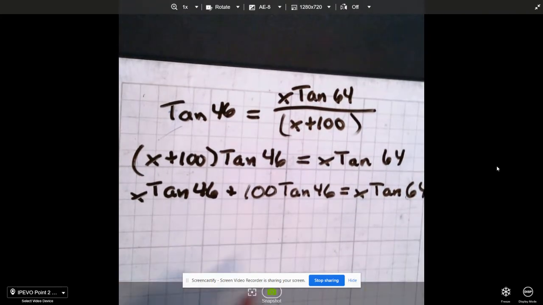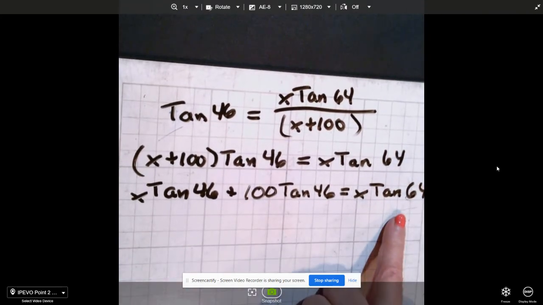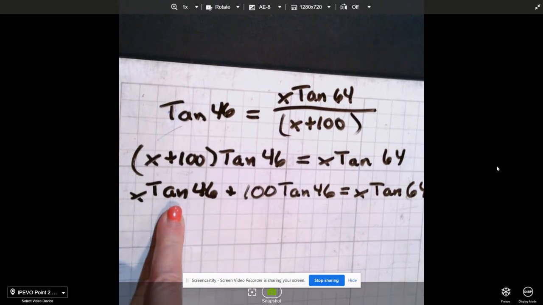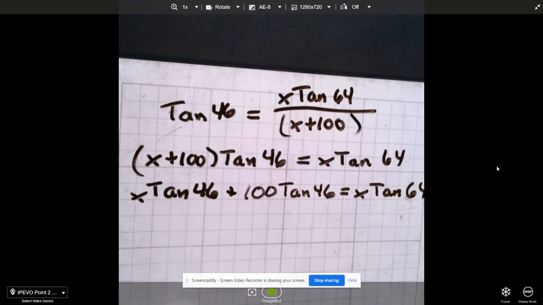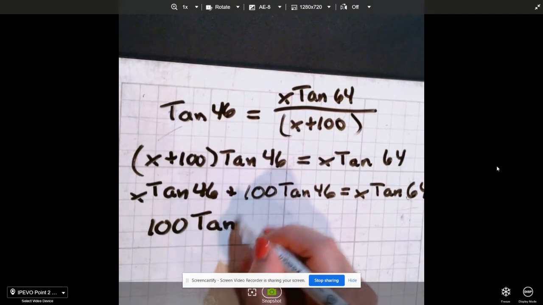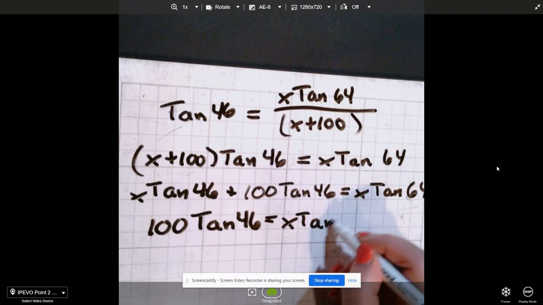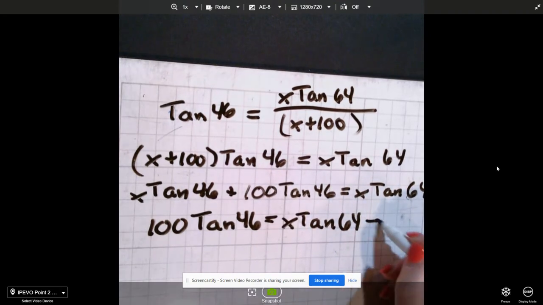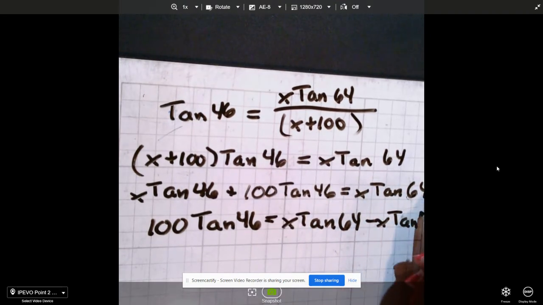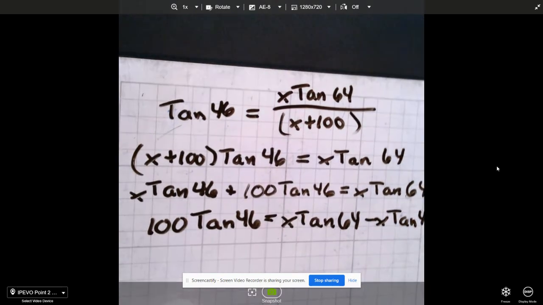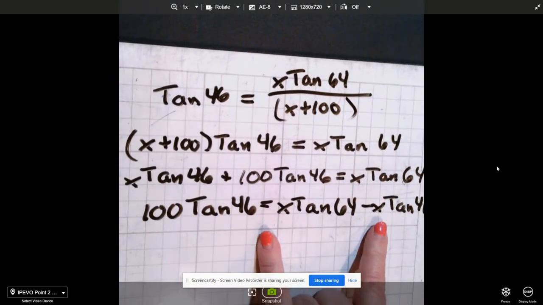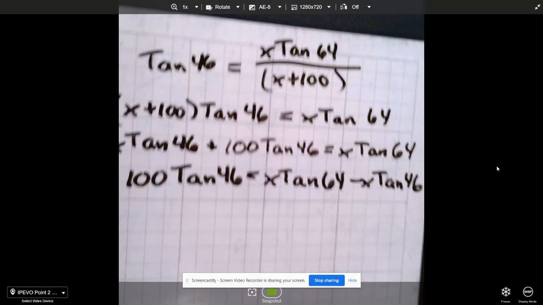All right, I want to get all the x's together, so I'm just going to take this x and subtract it over.